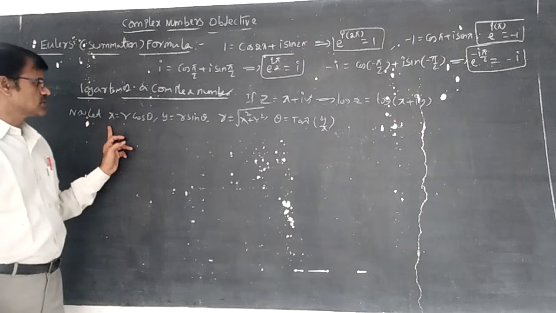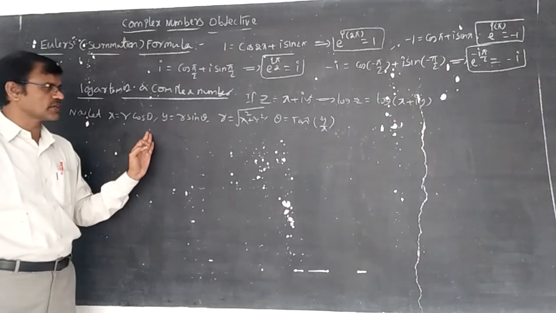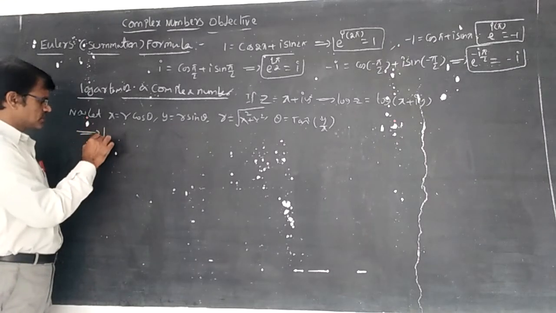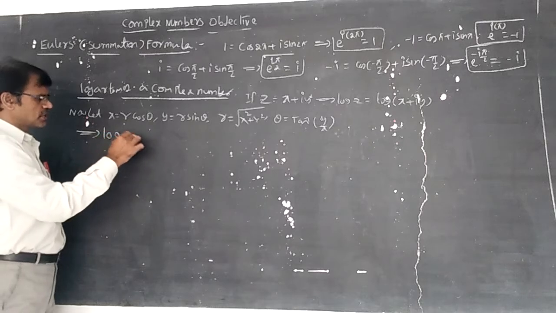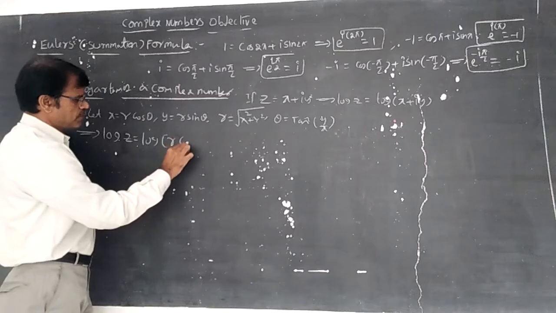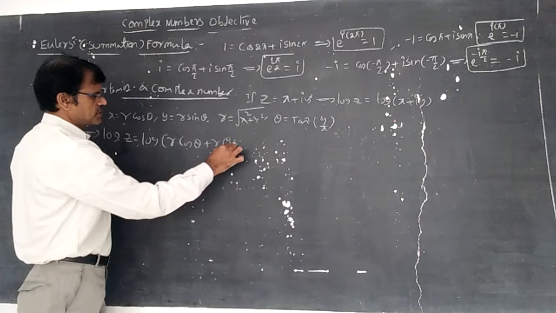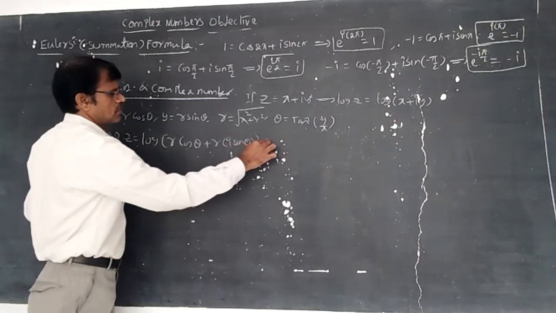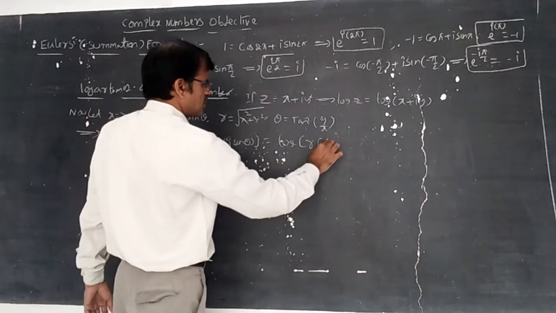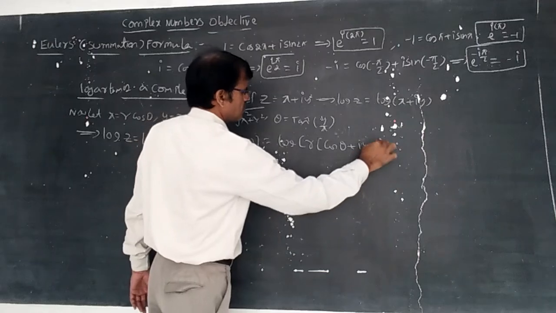That means sin theta by cos theta is equal to r sin theta by r cos theta, which is y by x. So r gets cancelled, tan theta is equal to y by x, theta is equal to tan inverse y by x. That implies log z is equal to logarithm of, instead of x you write r cos theta plus i r sin theta, that is equal to logarithm of r, taking it common, cos theta plus i sin theta.